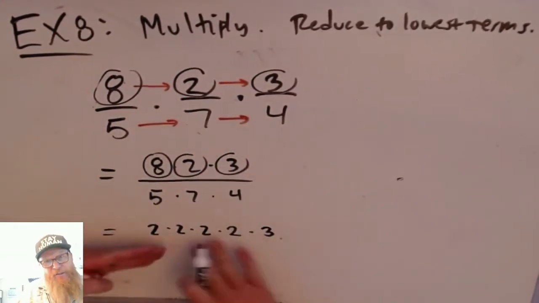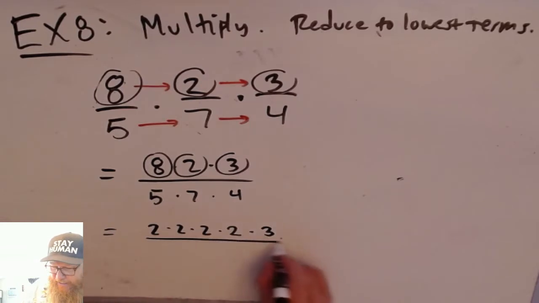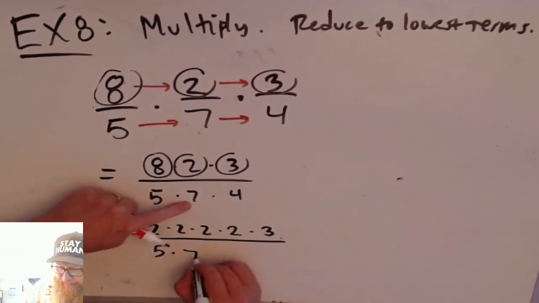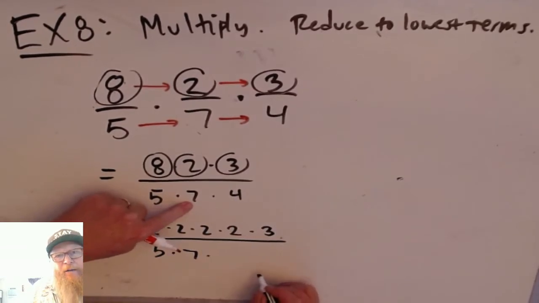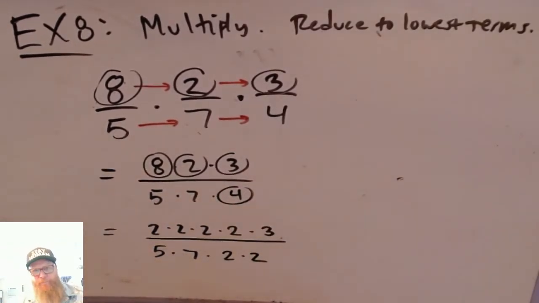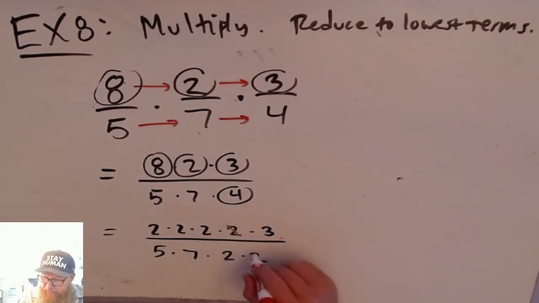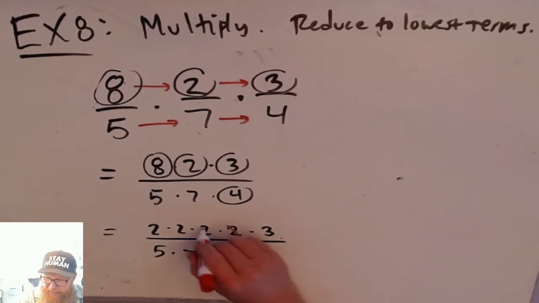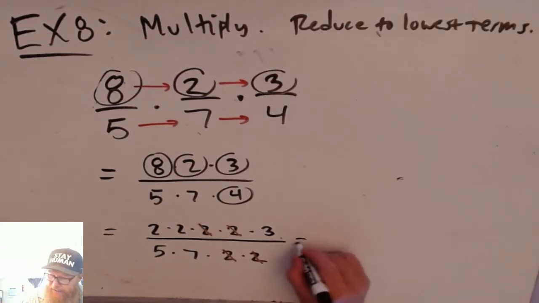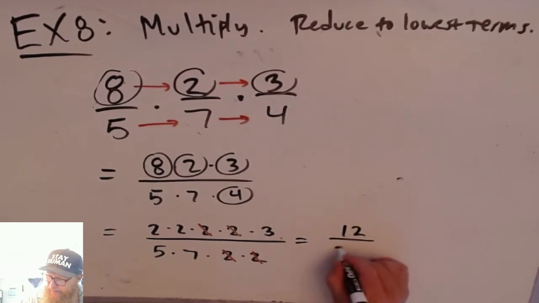So there you could start doing this early. 5 is already prime. 7 is already prime. 4 could be 2 times 2. And unfortunately, you only get a couple 2's to cancel. So 2 pair of 2's cancel. And that's as good as it gets. You're going to get 12 over 35.